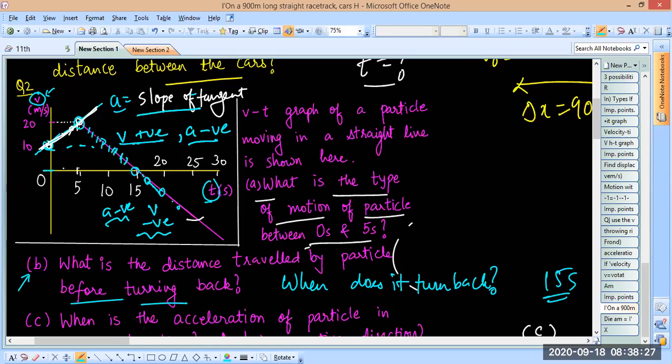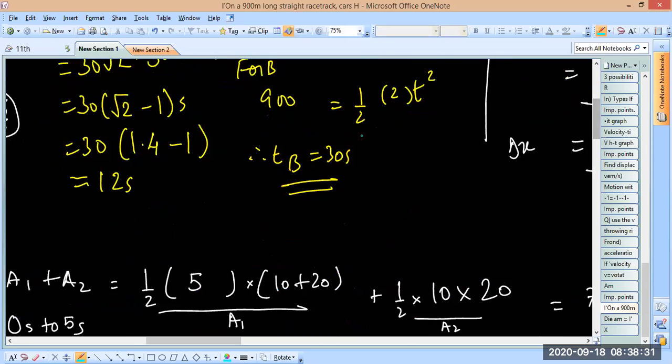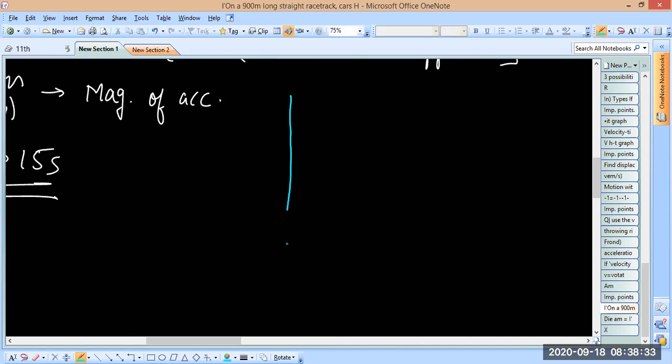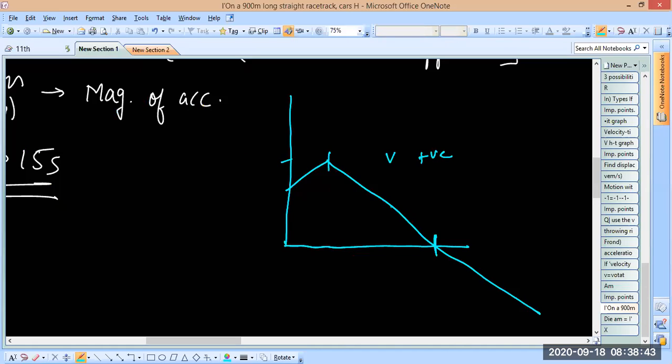Have you understood that? I want to ask all of you, this is a slightly tricky one, right? Every year people get confused with such questions. See, if you take this kind of graph, between these 2 points velocity is positive, because here it's like 20 and then 10 and then 0, till here it is positive. But if you look at the tangent in this part, it's down like this, agreed?